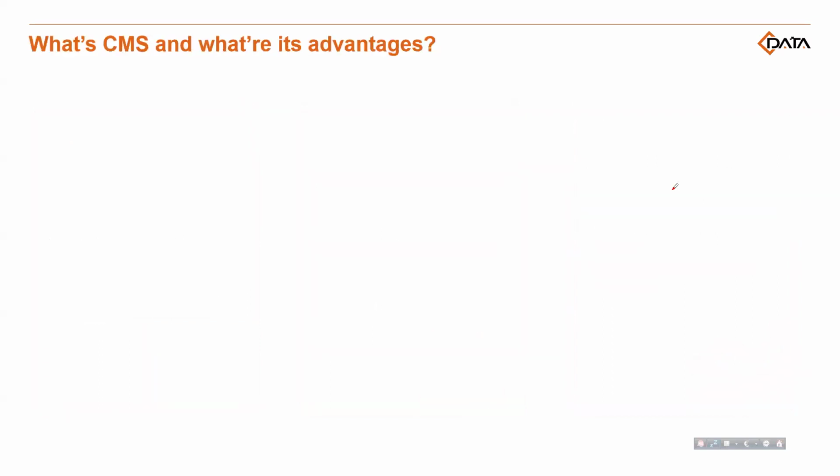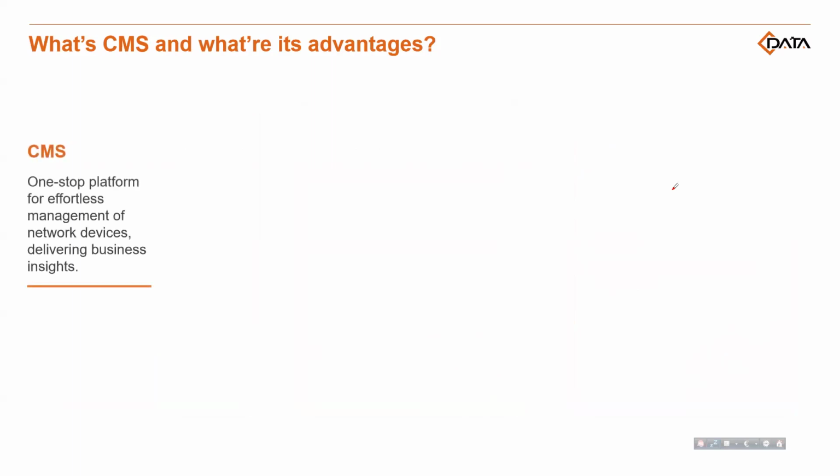Okay, I think it's time to introduce our awesome CMS product now. Let's see whether it can resolve the problems we faced earlier. CMS is a one-stop platform for effortless management of network devices, delivering business insights. There are three key words in this concept: one-stop, effortless management, business insights.